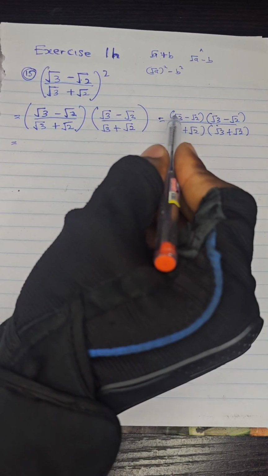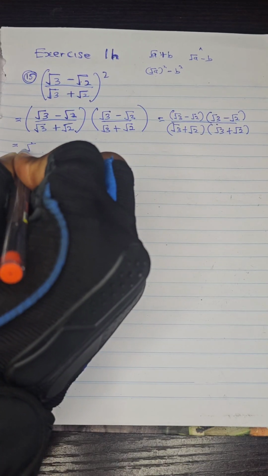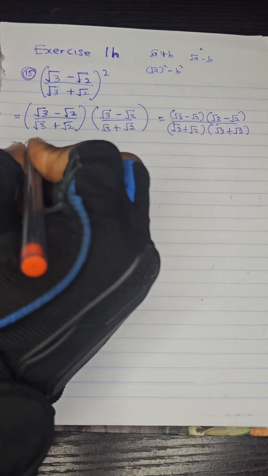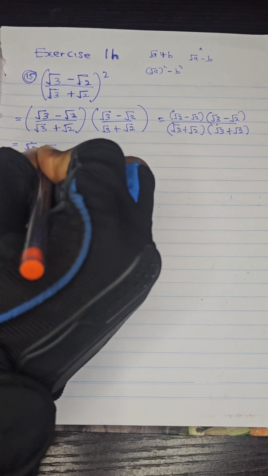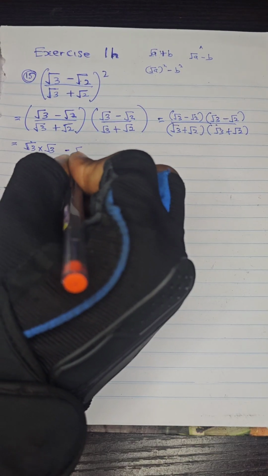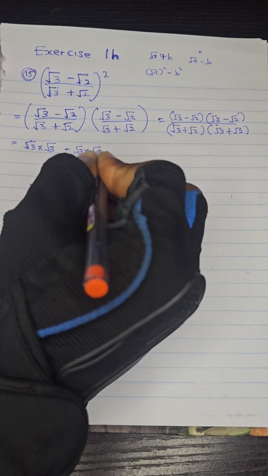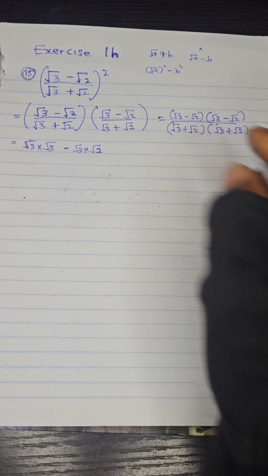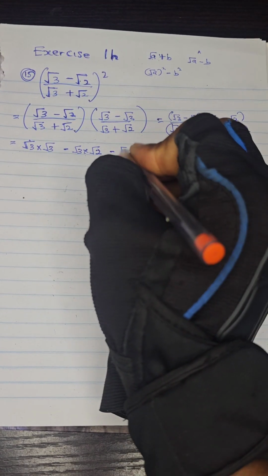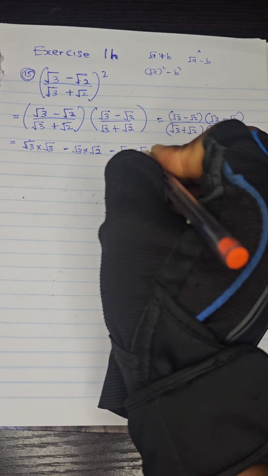So 3 multiplied by 3 is the same thing, but let me show. Root 3 multiplied by root 3. So be careful, this is a negative sign, so it will be minus root 3 times root 2. The second one, minus, there is a negative sign here, so root 2 times root 3.